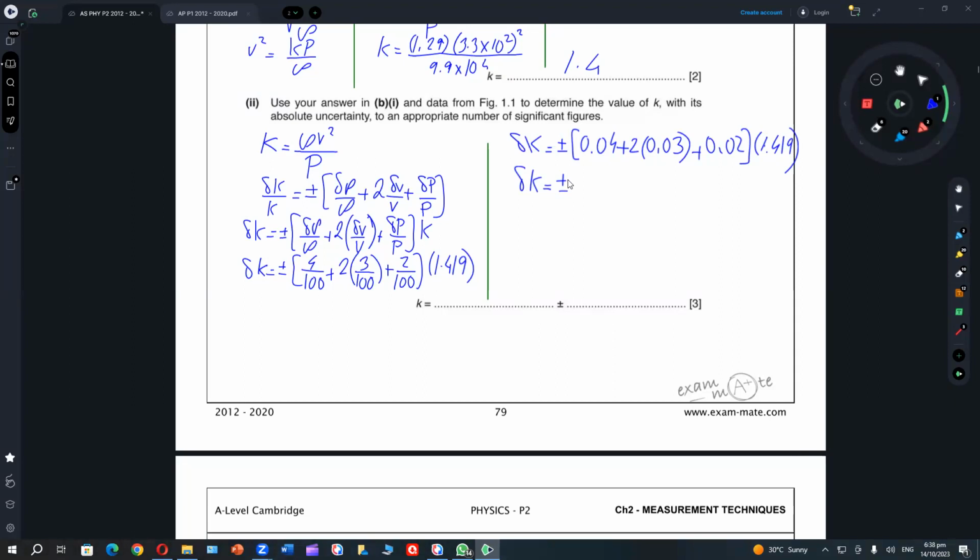Anyone else? Because the answer is looking a bit doubtful, because the number 0.03 is smaller than the numbers we are adding. If I add 0.04 plus 0.06 plus 0.02, it should be something more than or at least near to 1.